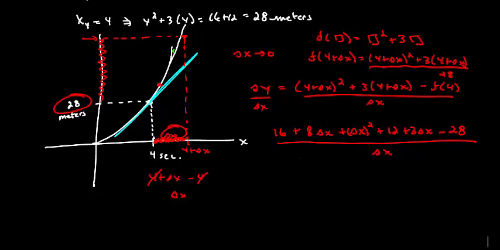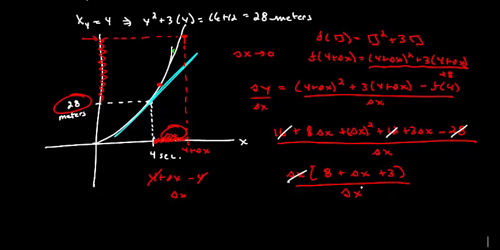So what cancels here? Well, the 16 plus the 12 is 28, and so that cancels with this 28 right here. And if we factor out a delta x, we get 8 plus delta x plus 3, all over delta x.